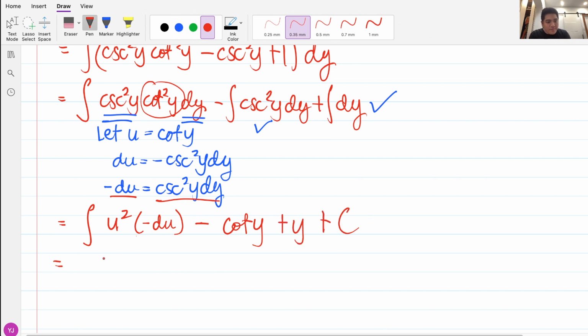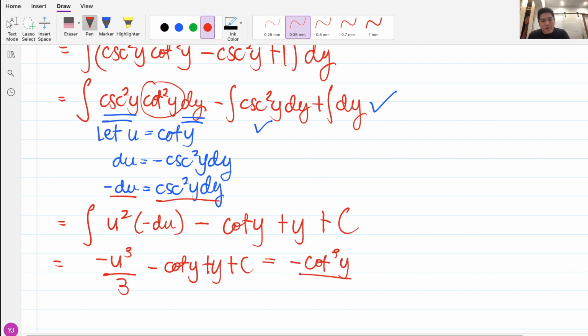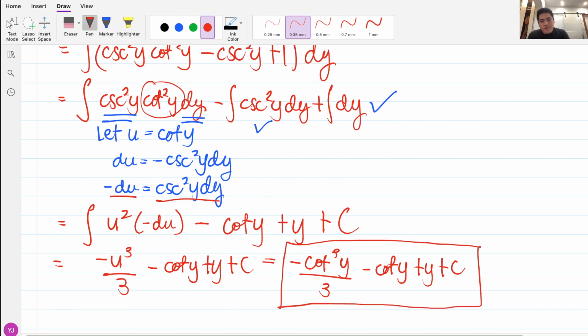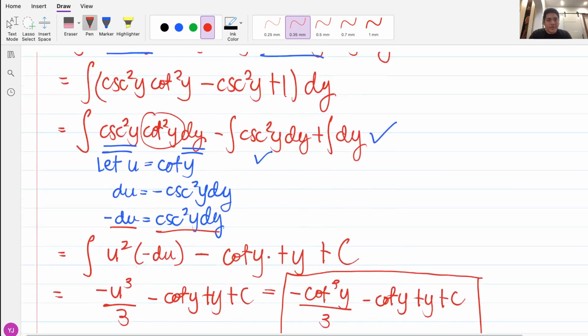So now you have negative u raised to 3 all over 3 minus cotangent of y plus c, or in other words, we have negative cotangent cubed y all over 3 minus cotangent of y plus c. Okay, so we have now our final answer for this problem 106. Alright, so this will be our final answer.